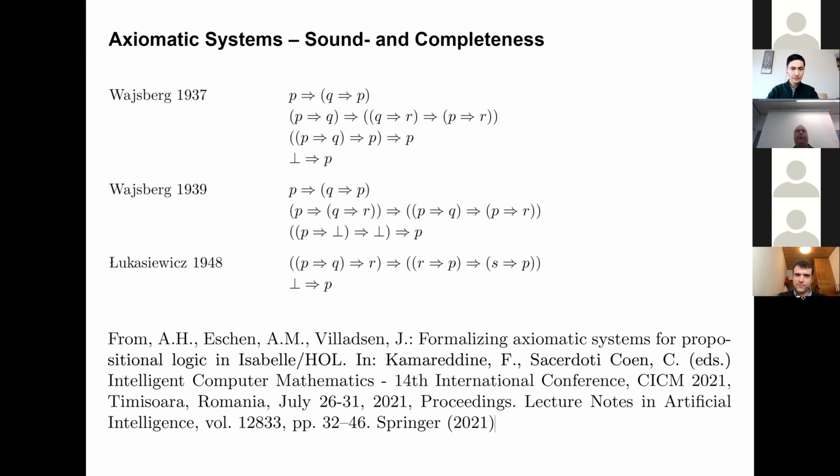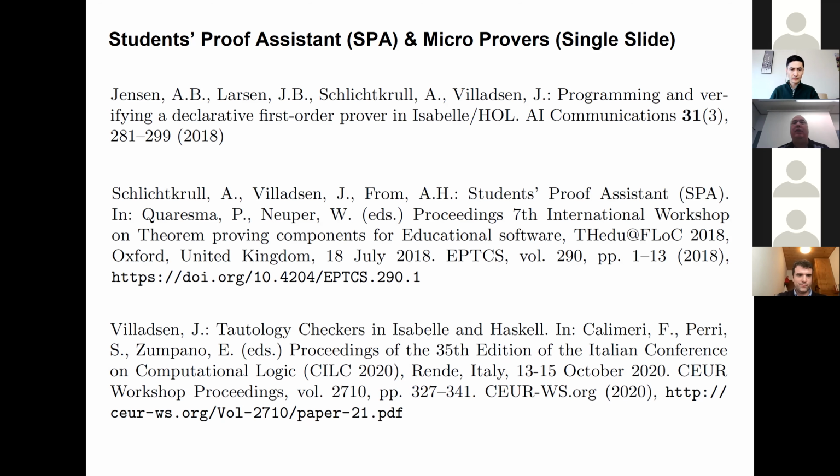Taking that further, the proof system behind the student proof assistant is also axiomatic. That's the system by Tarski and others, and also the one used by John Harrison in his book on practical logic and automated reasoning. For that we also have a soundness proof integrated in Isabelle, where you can make proofs both in apply style and declaratively.